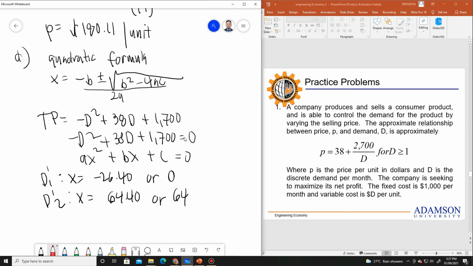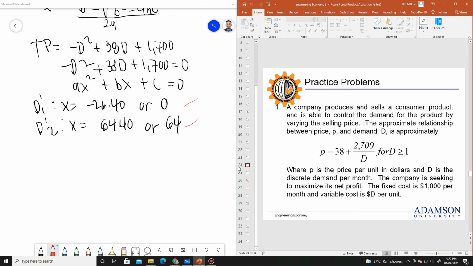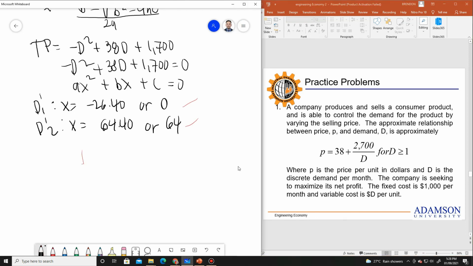This is our break-even points. And the range of profitability is from 1 to 63.